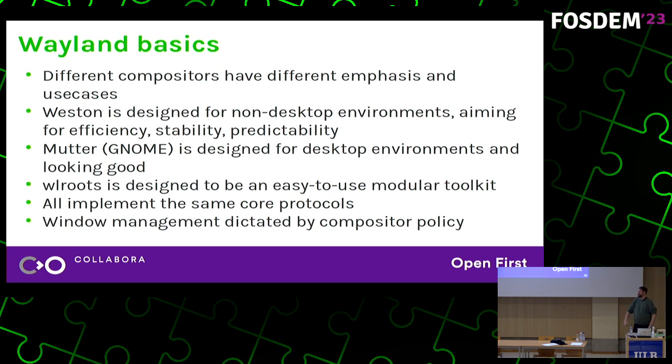I think Weston's the best one because I work on it. It's basically designed for everything that isn't a desktop, so literally planes, trains, and automobiles, digital signage, that kind of thing. It's really, really efficient and predictable and reliable. But I do use a desktop, so I have GNOME on this one. And yeah, there are absolutely a pile of them to choose from, but they all use the same protocol, so they all look alike to the client.